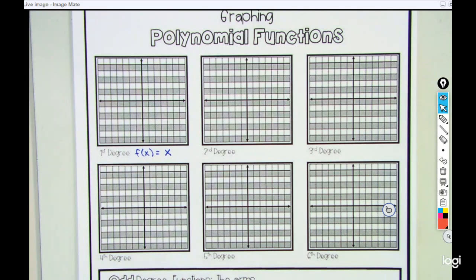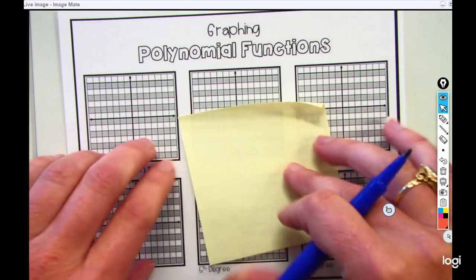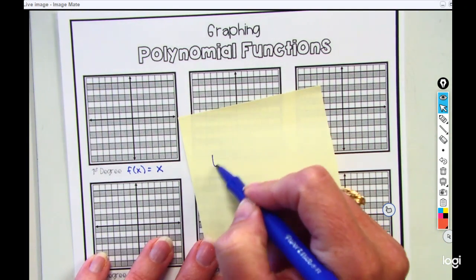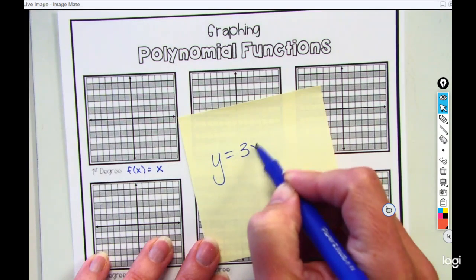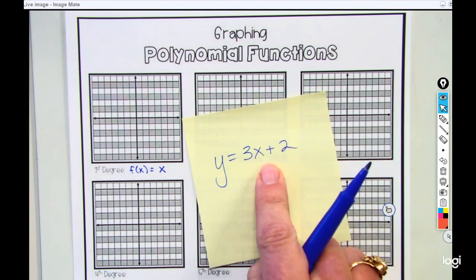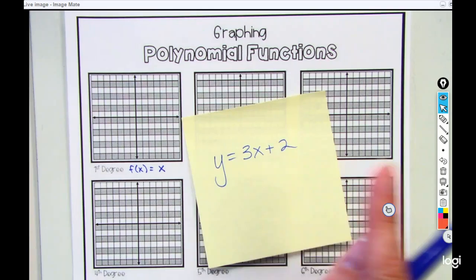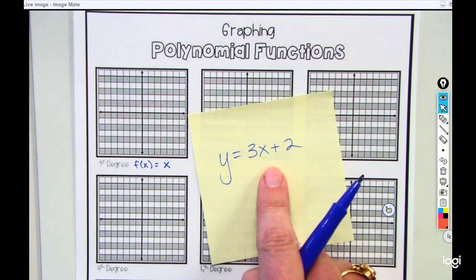Something x. You guys know this. What if I made it look like this? What is the degree of this polynomial? 1, right?